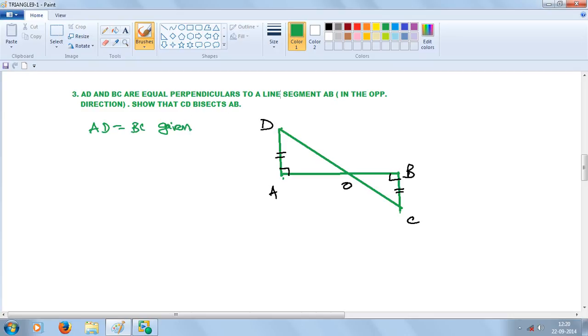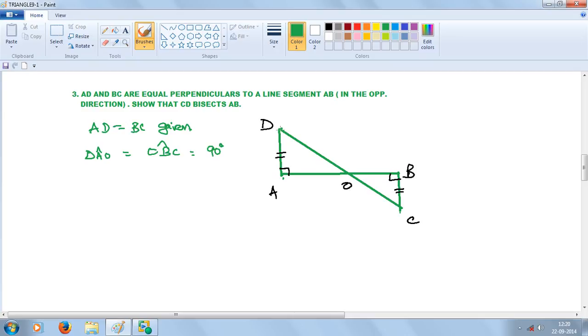And AB is a line perpendicular to both AD and BC. So these two angles, angle DAO is equal to angle OBC is equal to 90 degrees.